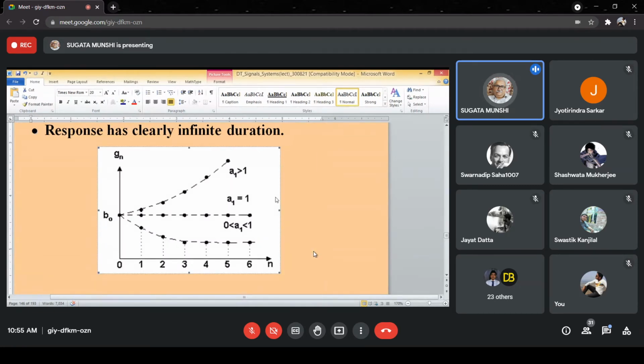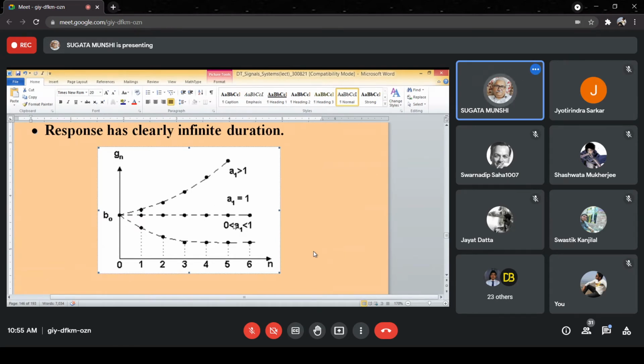So these are sketches of the temporal variation of the impulse response. One is for A1 greater than 1, another is for A1 equal to 1, and the third one is for positive A1, but less than 1. Obviously, when A1 is equal to 1, Gn will be a step sequence.